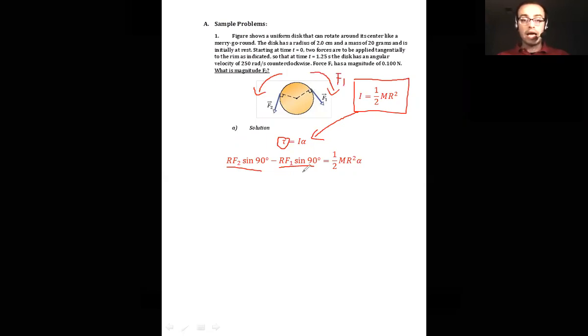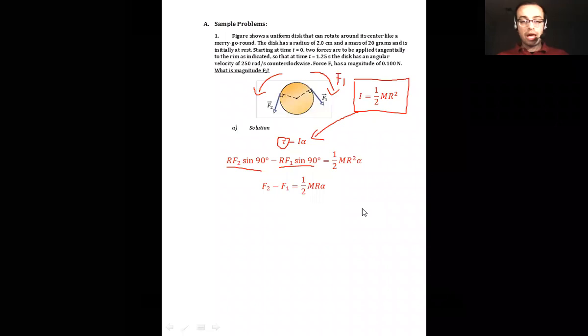So that's why this expression, R F1 sine 90, is negative. That's a negative torque, and then F2 in the opposite direction is a positive torque because it's rotating this thing counterclockwise.